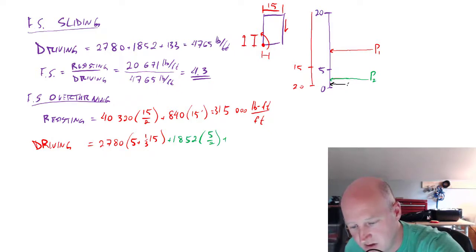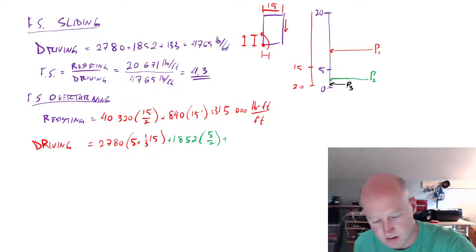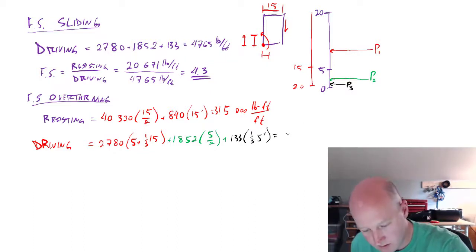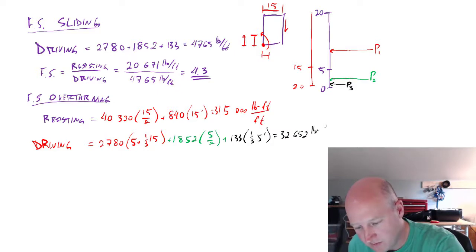So that was P3. And P3 was 133, and its moment arm was 1/3 of 5 feet. So if we do all those calculations, we end up with 32,652 pound-feet per foot of wall.